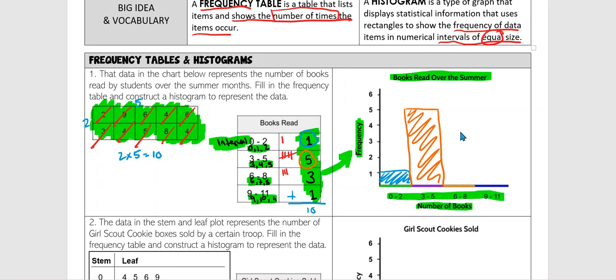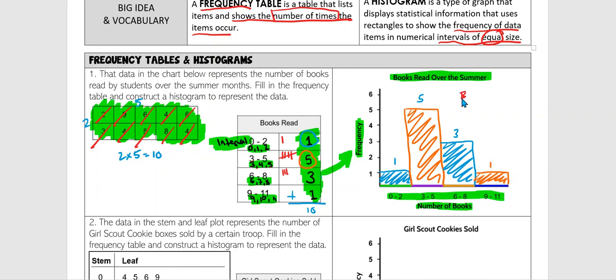Next up is 6 to 8. That had a frequency of 3. So again, I'm going to make sure this touches the bar next to it. And it has a height of 3. And sometimes you'll see these with the heights written on top of them, just as a reference in case we can't see. And then our last one, 9 to 11, has a frequency of 1. So that bar, again, it's connecting. And it's got a height of 1.